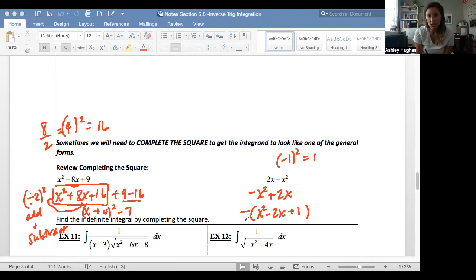But then here you're actually subtracting the 1 because it's grouped together. So then that means you need to add 1, because we subtracted 1. And so if I multiply this out, I would get the same thing that I started with. This is negative x minus 1 squared plus 1, or 1 minus x minus 1 squared, depending on which way you need to write it.